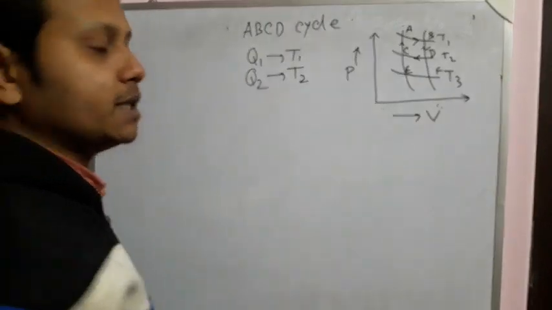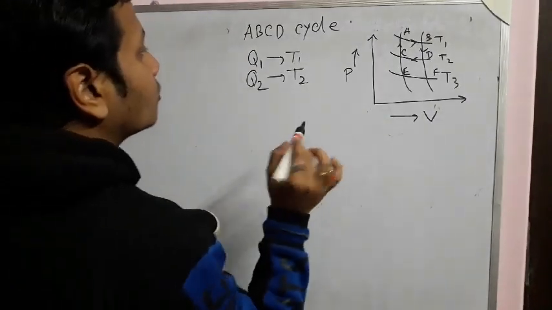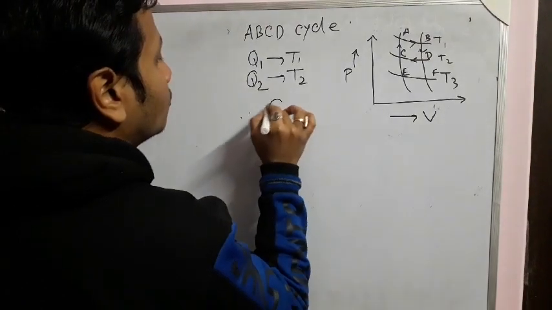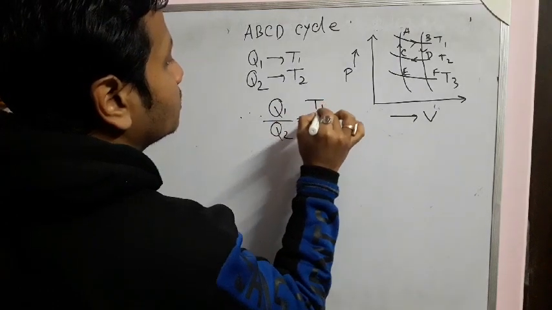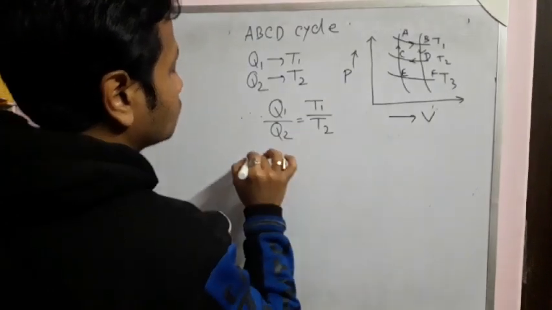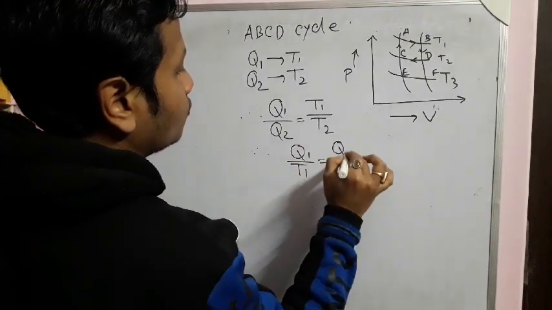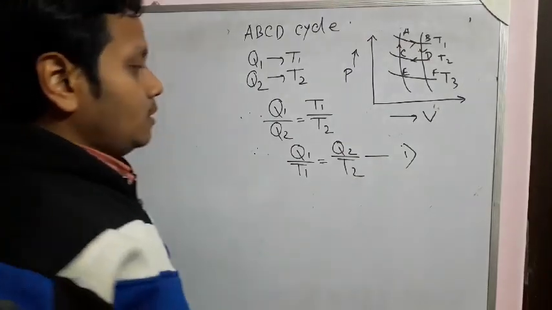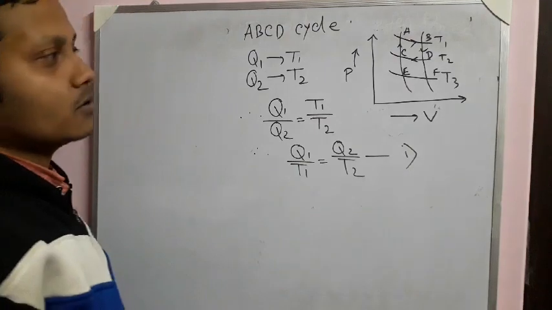For a reversible Carnot engine, we already know, and need not prove again, that Q1 upon Q2 equals T1 upon T2. So we get Q1 upon T1 equals Q2 upon T2. This we can write for the first Carnot cycle.